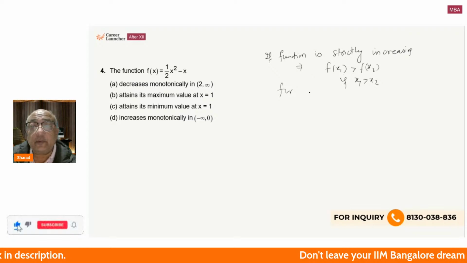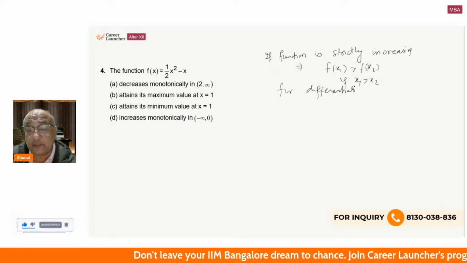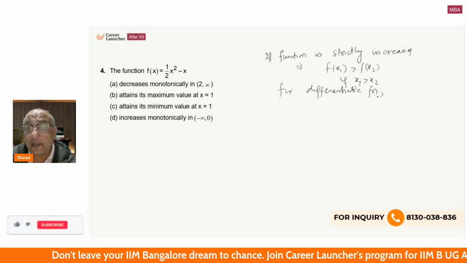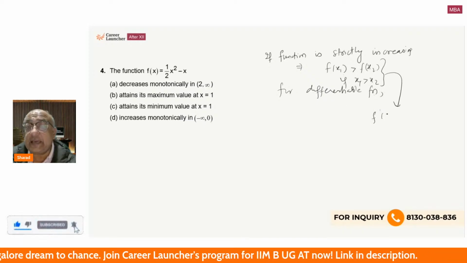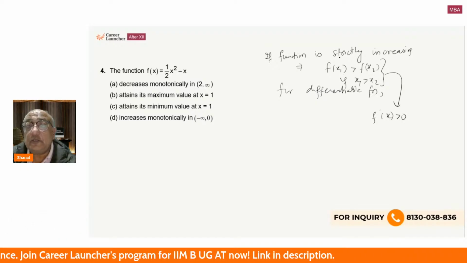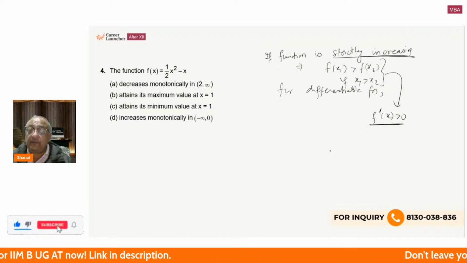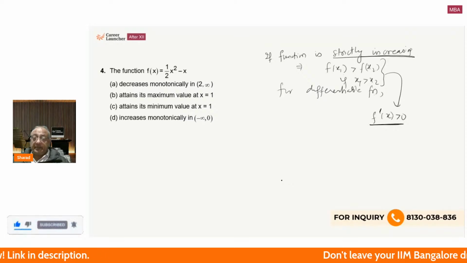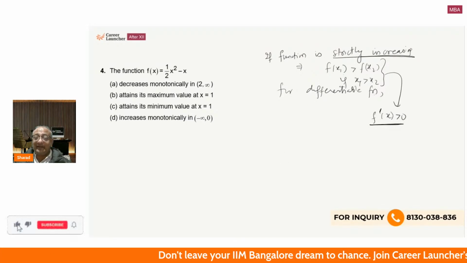For differentiable functions, this condition transforms into f dash x being greater than 0. So most of the time this is the strictly increasing condition and we are dealing with, most of the time, differentiable functions. So this condition has a twin interpretation.